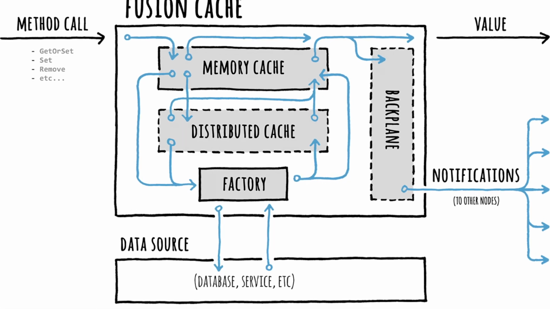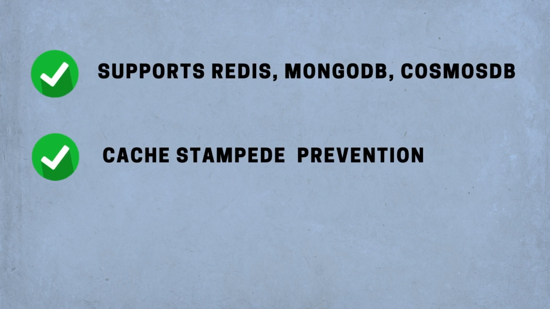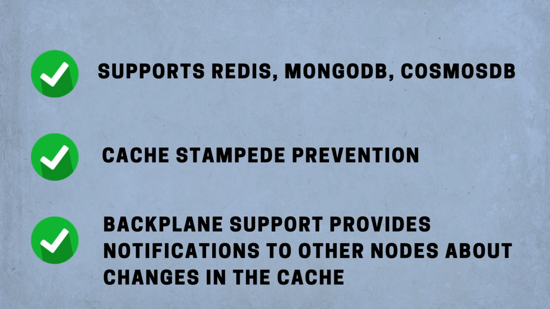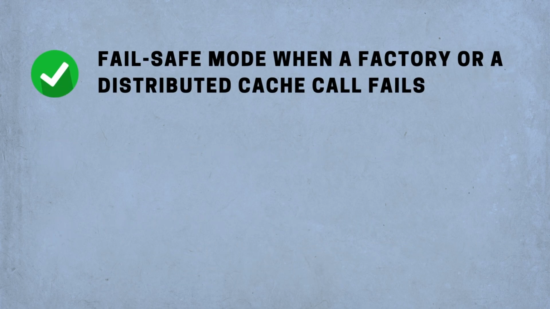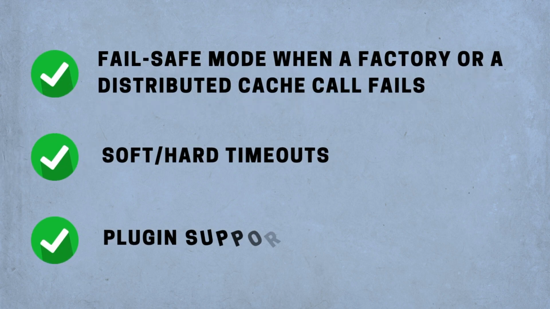Some reasons why you might use FusionCache over other caching packages include it supports Redis, MongoDB, and CosmosDB. Cache stampede protection prevents multiple concurrent factory calls. Backplane support notifies other nodes about changes in the cache. There's a fail-safe mode when a factory or a distributed cache call fails, hard and soft timeouts, plugin support, and logging.